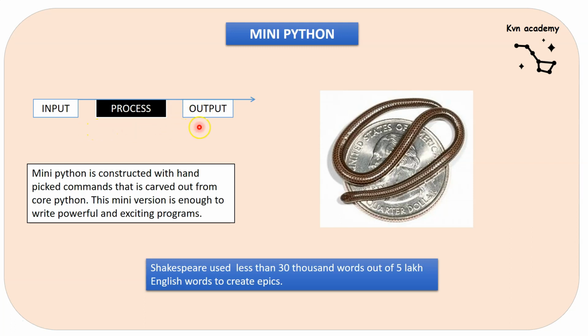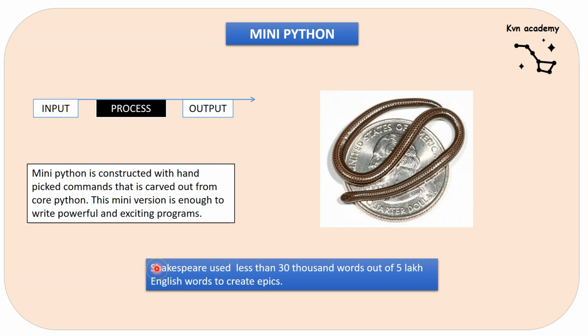All these statements make up our language called MiniPython. So it is called Mini Python because our commands are selected from the Python language. Okay. This our small language, our mini language, is enough to write powerful and exciting programs that we are going to see.